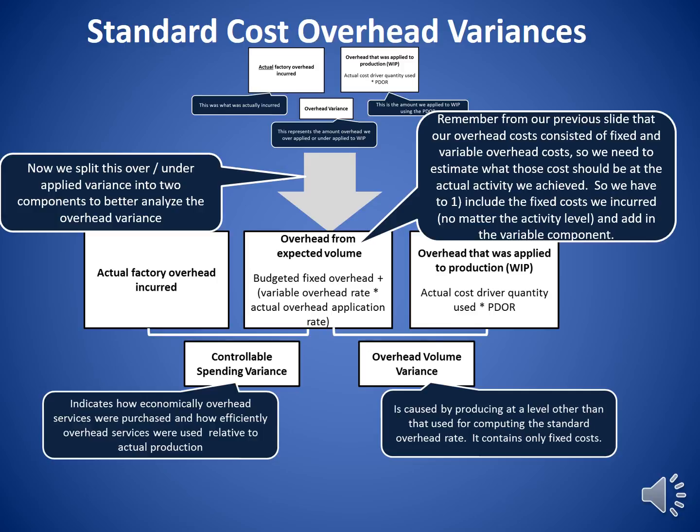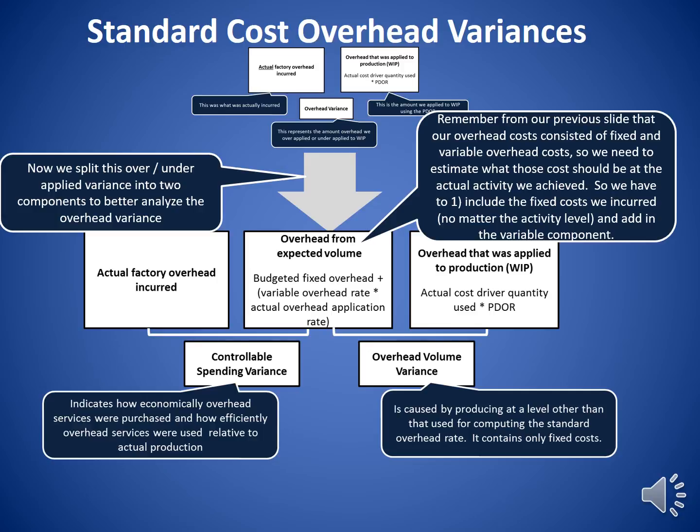So let's take a look at these calculations, and we can see over on the left hand side we have actual factory overhead incurred, and that's the actual factory overhead that we've incurred for the year. Then the middle box is overhead from expected volume.